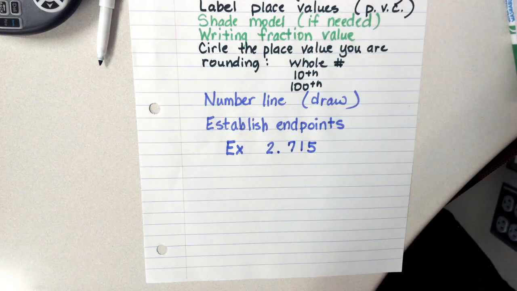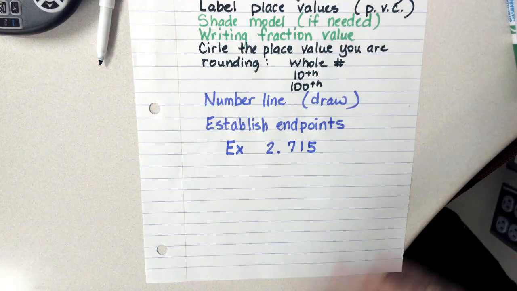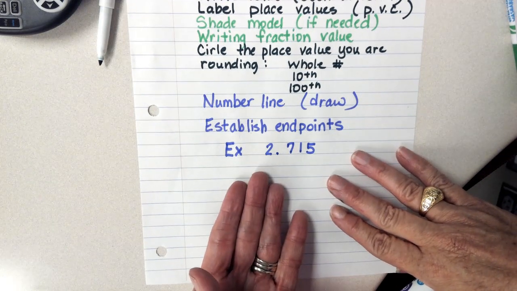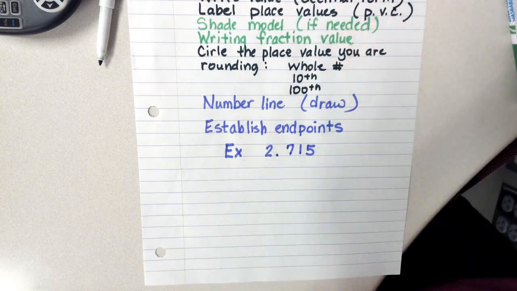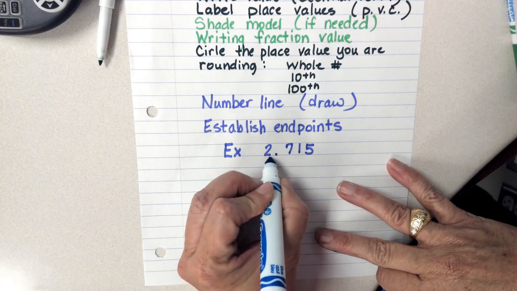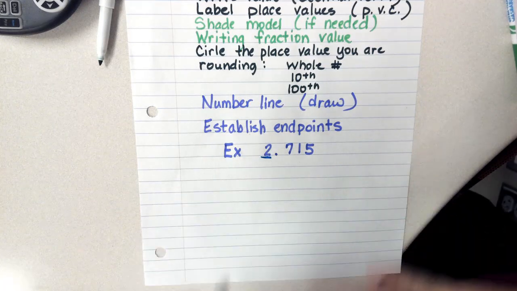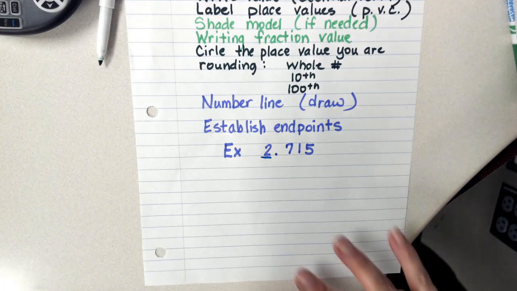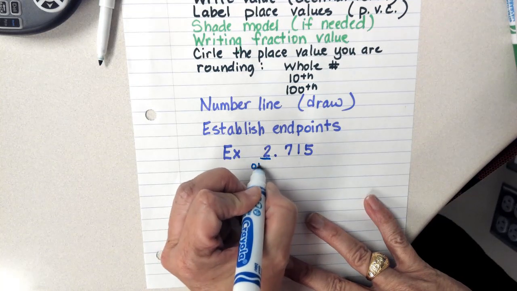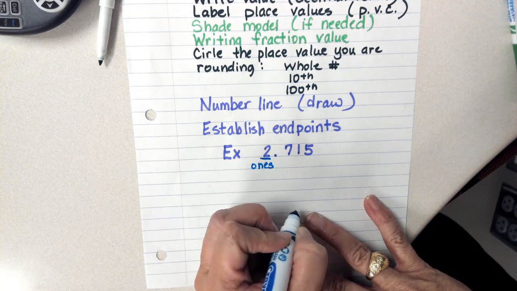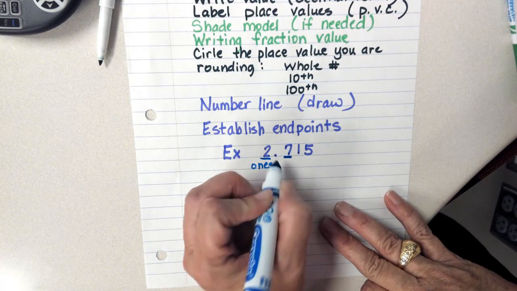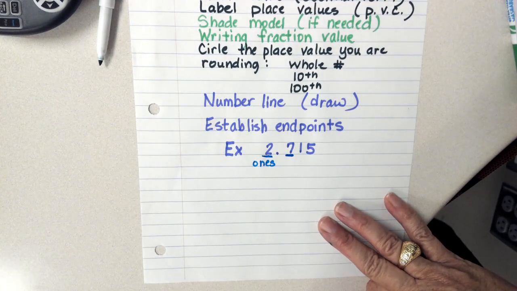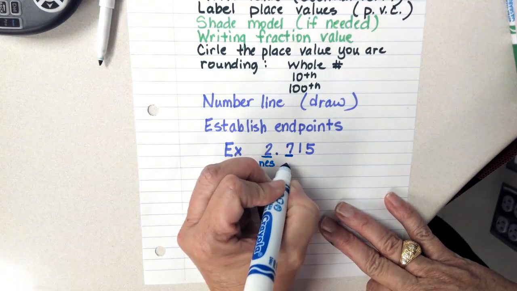If I were following my processes, after I write my value, I would want to label my places. So what place is the 2 in? The ones. It's in the ones place. So I'm going to start by labeling the ones. What place is the 7 in? Yes? The tenths. It's in the tenths.